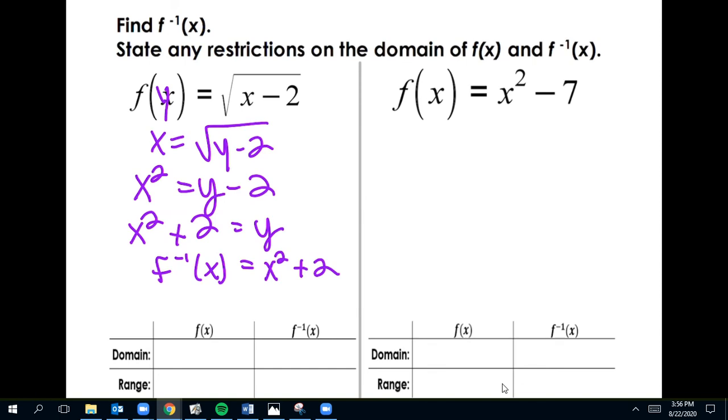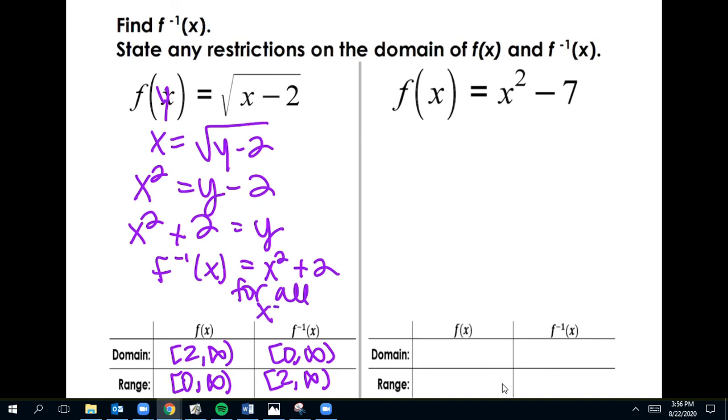We know the domain is 2 to infinity, which is the range of our inverse. And we know that the range was 0 to infinity, which is the domain then of our inverse. So I'm going to say for all x is greater than or equal to 0 to match. And so that's how that works.